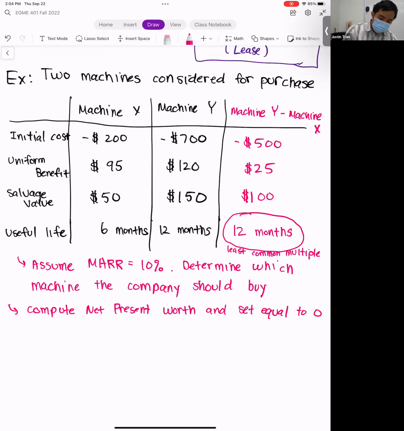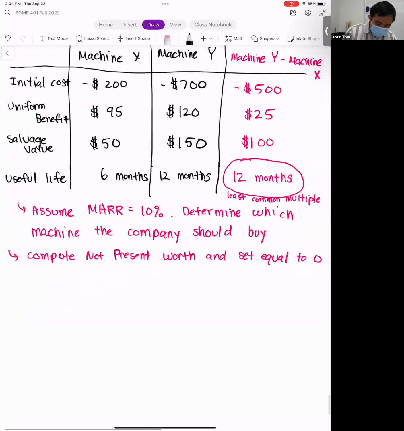And we're going to do that for the increment. And so we have NPW is equal to, first, minus 500, because that is the initial cost. And since that $500 is occurring in the present day, we don't have to do any conversions on that.